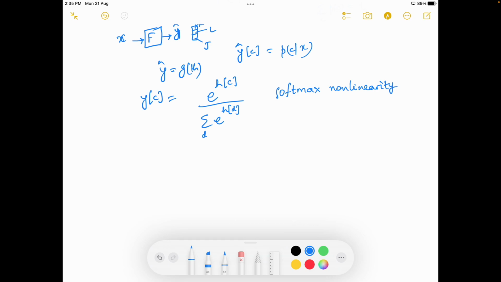Because it satisfies the constraints of a probability mass function, softmax. All right.